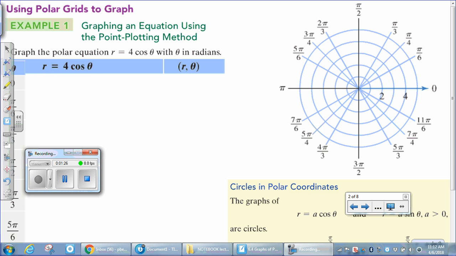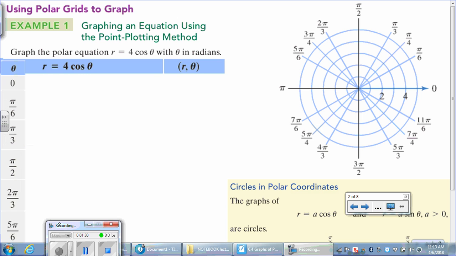Okay, so for example 1, we're going to graph a polar graph on the polar grid that we have on the right side. We will be using the calculators in a minute, and I'll show you how. But first, we're going to do one by hand, so you know where those numbers come from and why we have those points. It's not that hard to substitute.